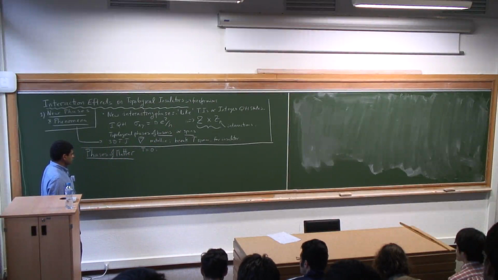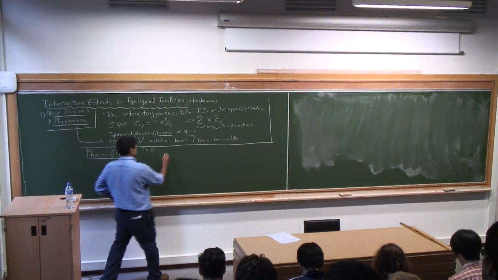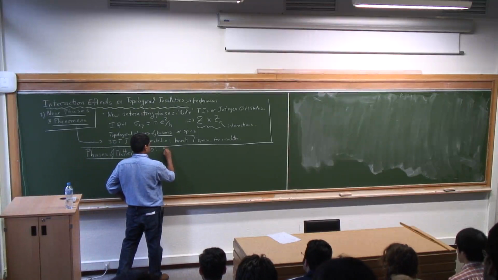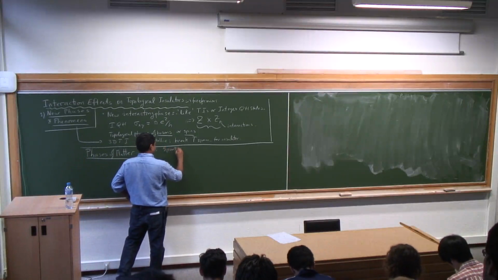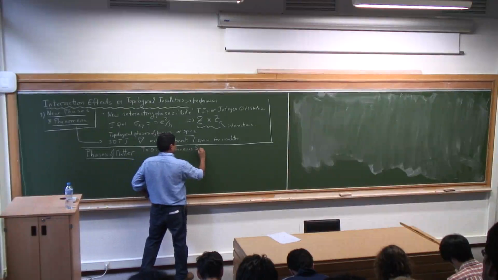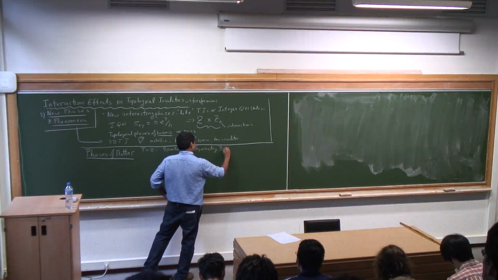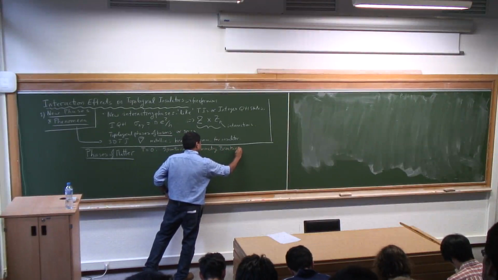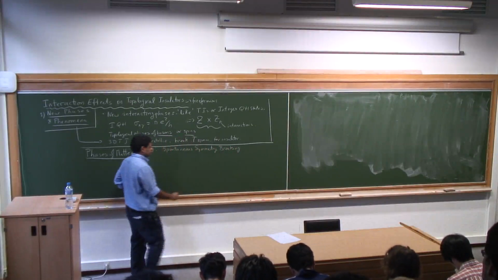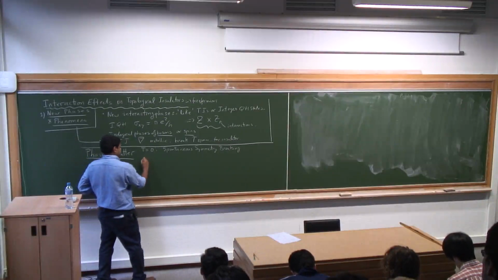For a long time it was believed that you have different phases of matter because you break symmetry in different ways. So one way to get different phases of matter is by spontaneous symmetry breaking. A simple example is you can take a chain of spins.